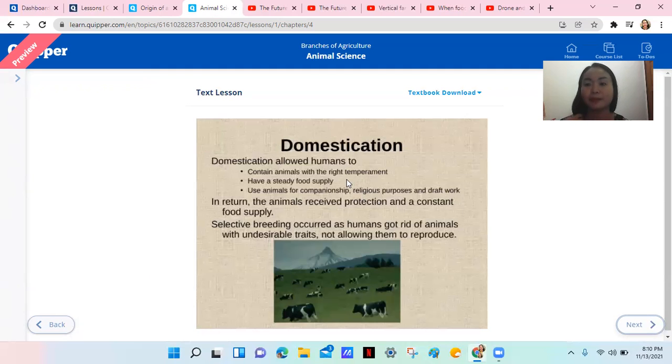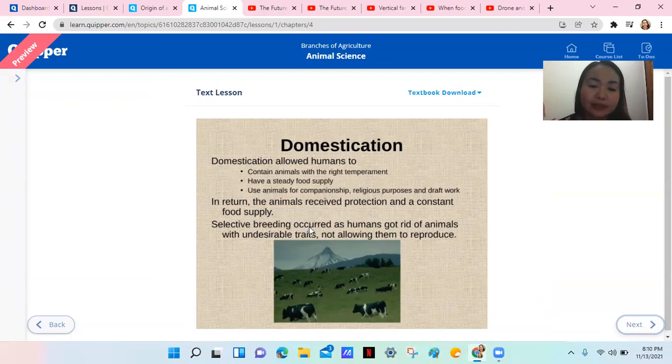So like for example, we have wild dogs and wild cats, and because of domesticating them, we were able to train them properly according to our standards, and have a steady food supply, of course, and use animals for, as I have said, companionship, religious purpose, and draft work. So in return, the animals receive protection and a constant food supply.